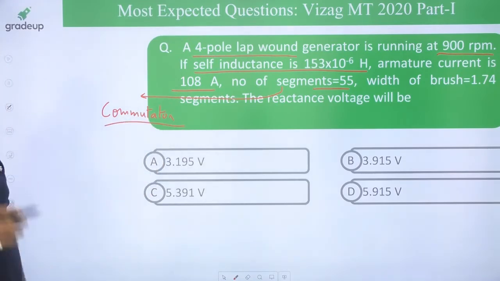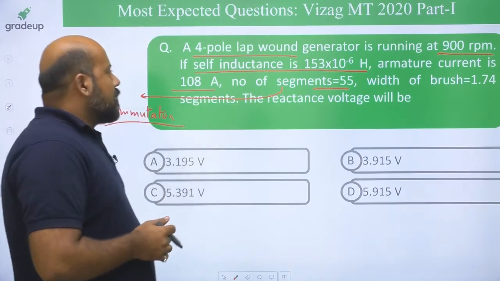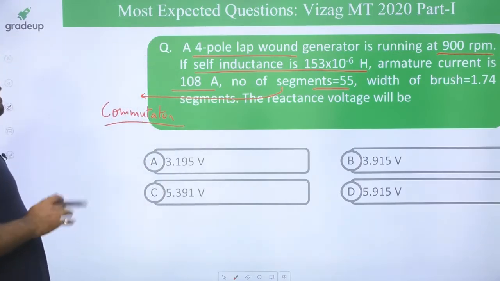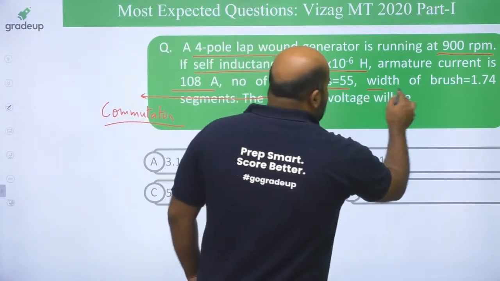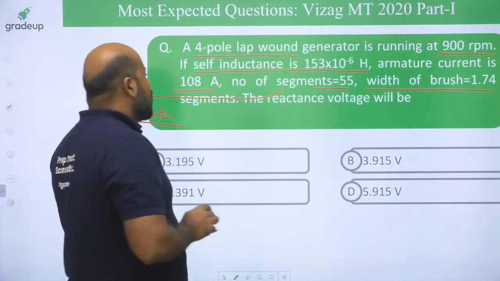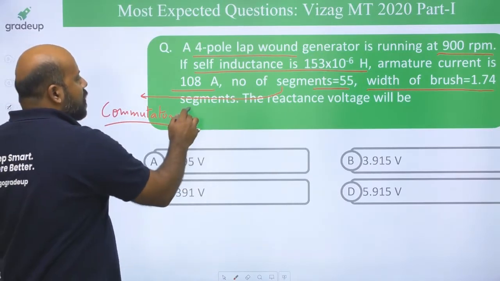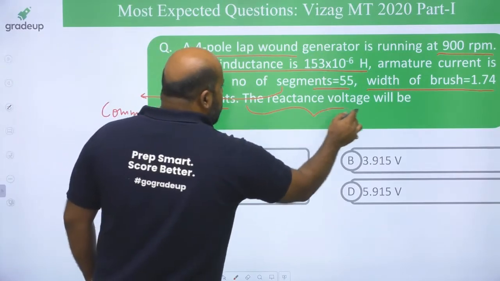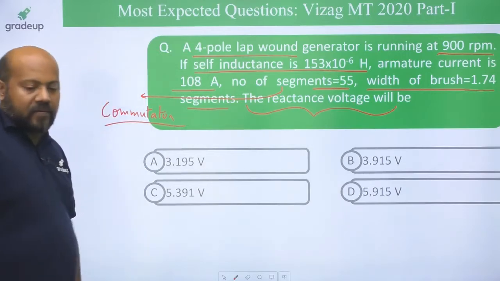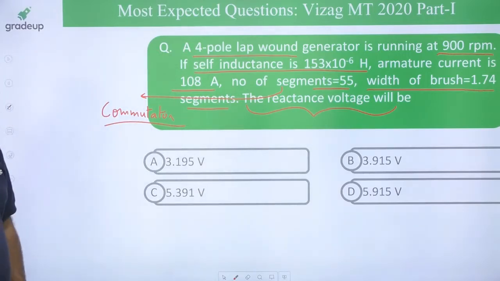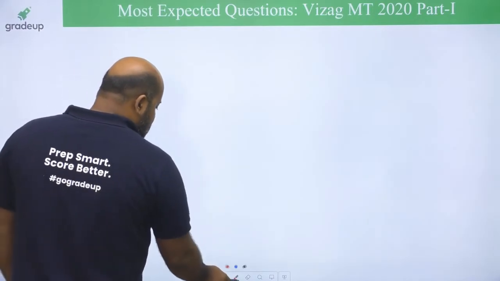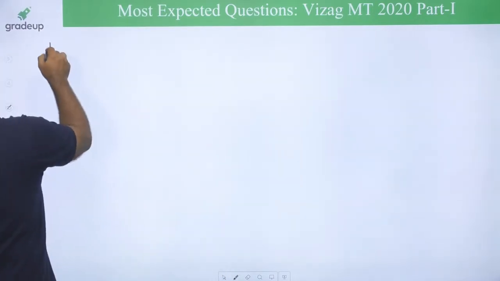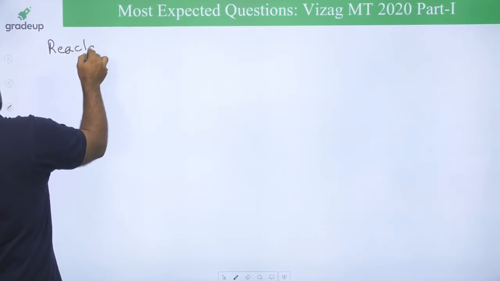We'll understand how exactly commutator segment current is flowing and everything we'll discuss. He's saying width of the brush is 1.74 segments and he's asking the reactance voltage. What is going to be the reactance voltage? Now first you have to understand what is reactance voltage.